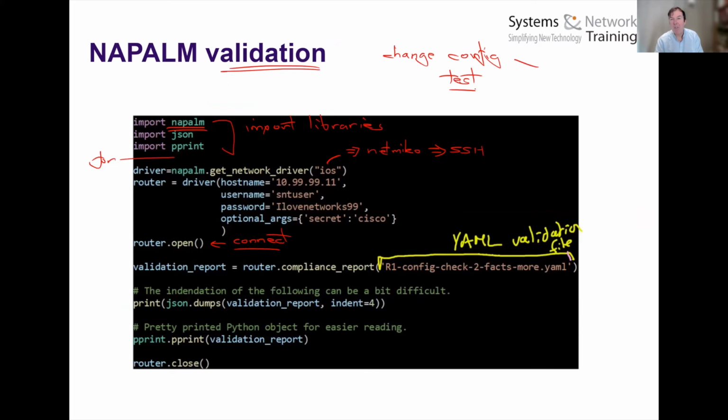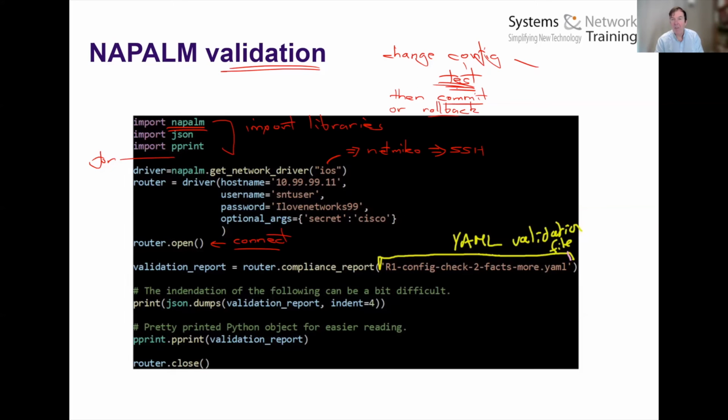And the idea is we test it. Once we're happy with the testing, then we can commit. And if we're not happy, we can roll back and get rid of our commit.